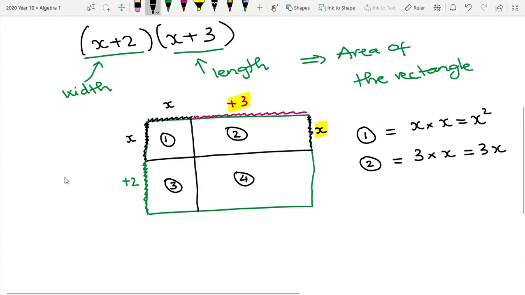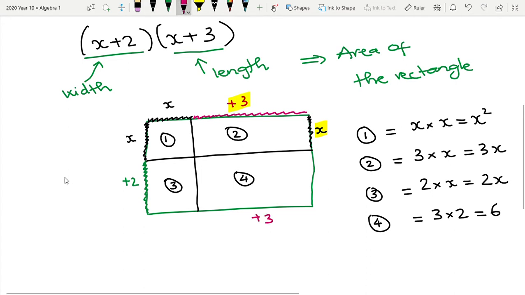And then similarly, the area of number 3 is going to be 2 times x, which is 2x. Okay, here we go. And the area number 4 is literally just 3 times 2, which is 6. Well, I can label it again down here. So this is plus 3 for the length of 4, and this is plus 2 for the width.